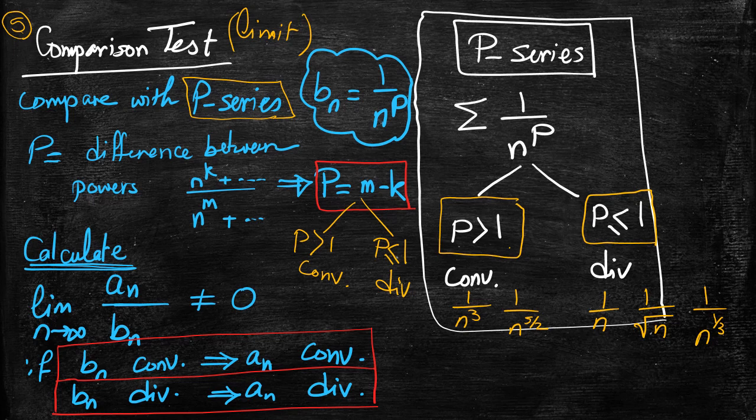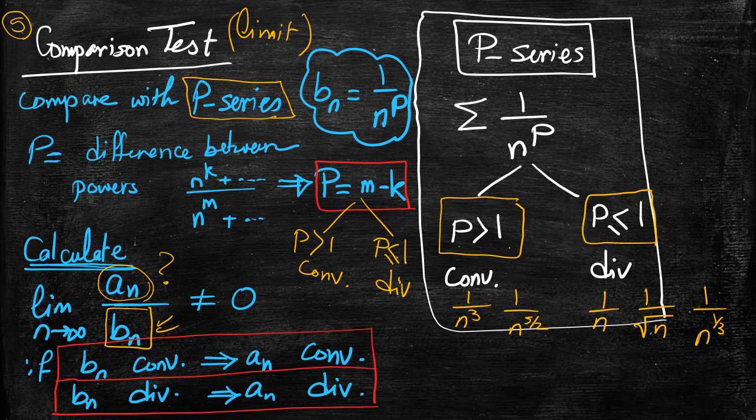The limit comparison test states that if we take the limit as n approaches infinity of our an, which is to be tested, divided by bn, which is already well known, and this limit is not equal to 0, then whatever bn is, an will be. So if bn is convergent, an will be convergent.